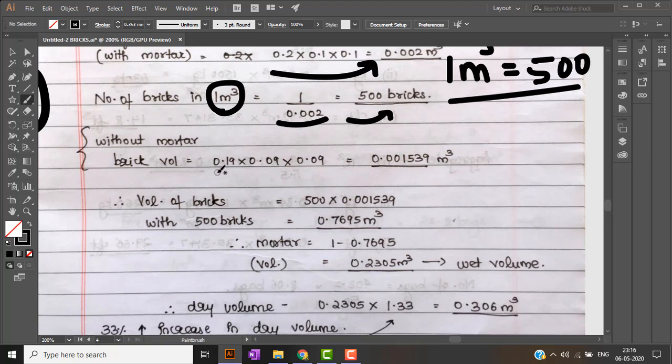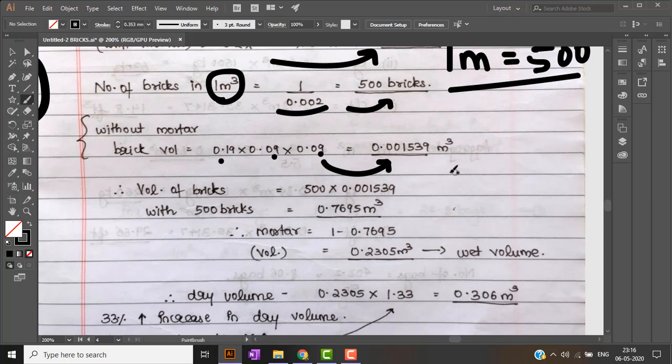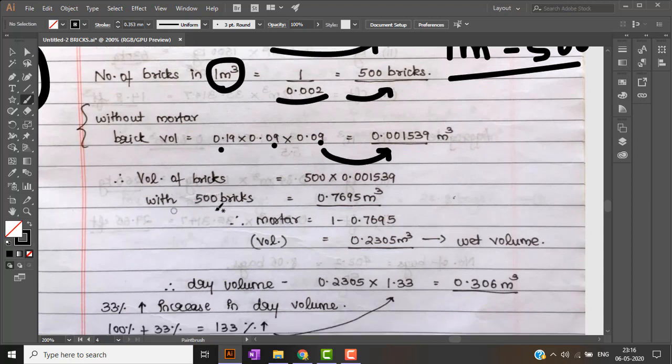Okay. So what happens if you calculate without mortar? Without mortar, the nominal size is 19 into 9 into 9. This I have converted into meter. So it's 0.001539 meter cube. Therefore, the volume of 500 bricks is 500 into this number, which is 0.7695.